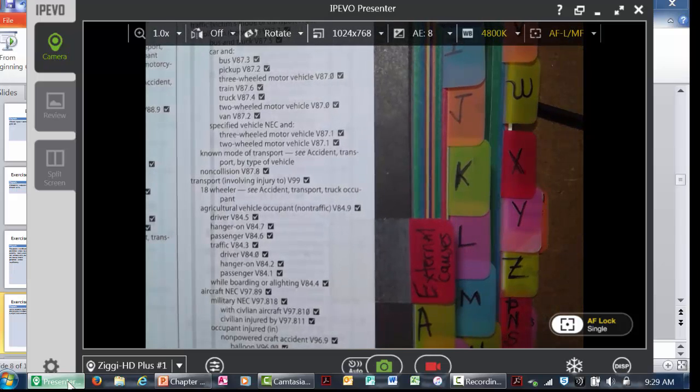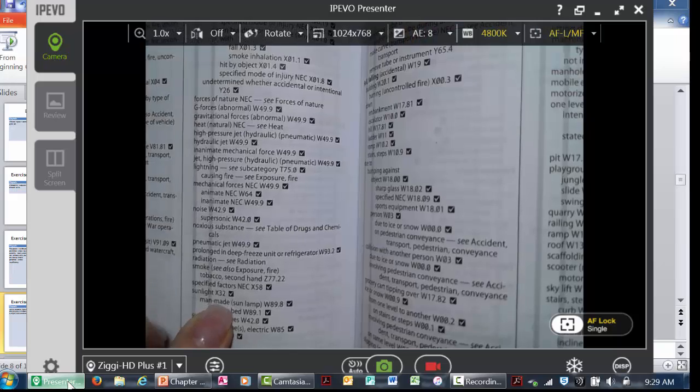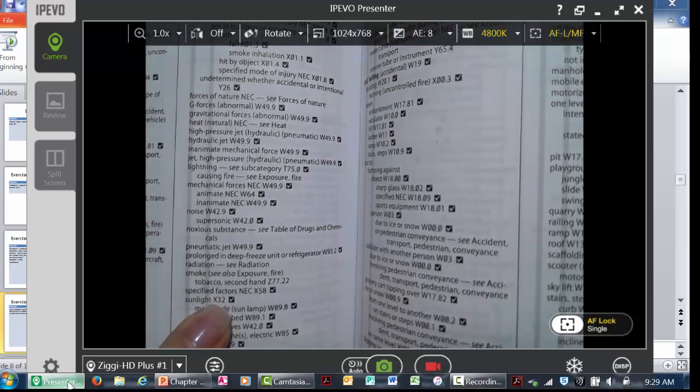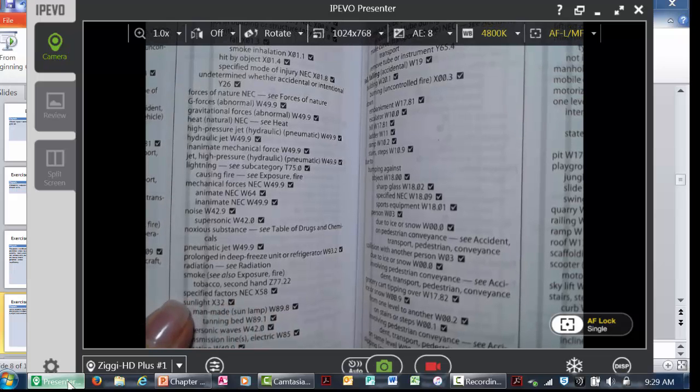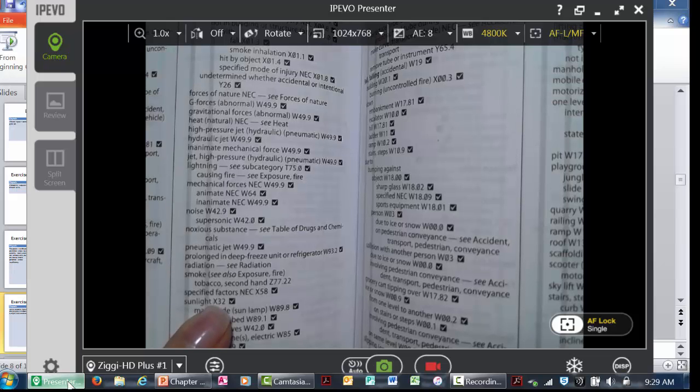So we're going to look at exposure, sunlight, X32. And you see that additional characters are needed. Now notice that if we were using a sun lamp, like a tanning bed, those are W codes. But if we're looking at good old God-given sunlight, that's an X32 code.